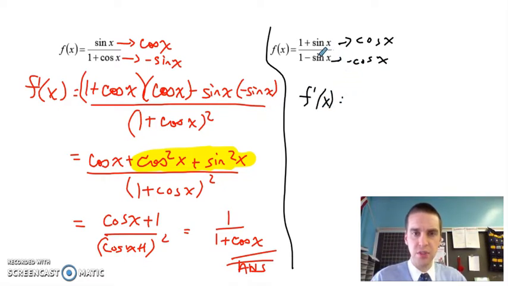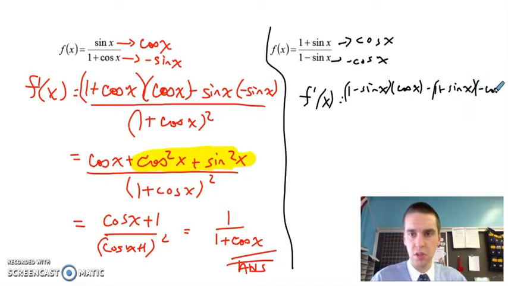So f prime of x equals low, 1 minus sine x, d high, cosine x, minus high, d low. That's getting really sloppy, sorry, I'll try to get better for this one. Over 1 minus sine x, squared.